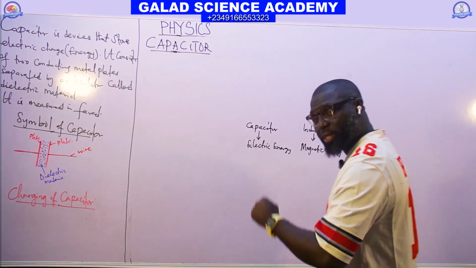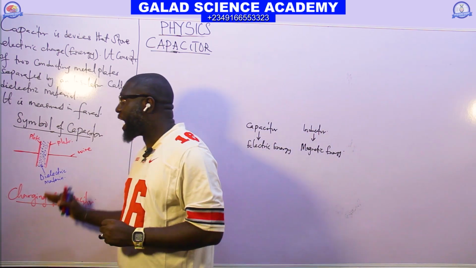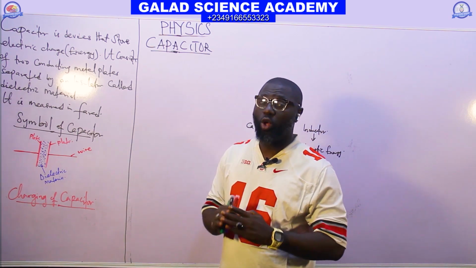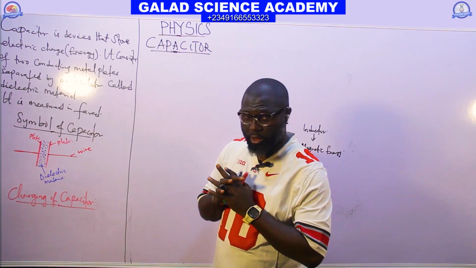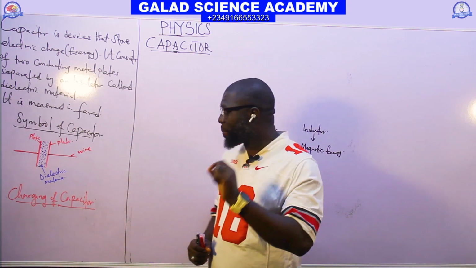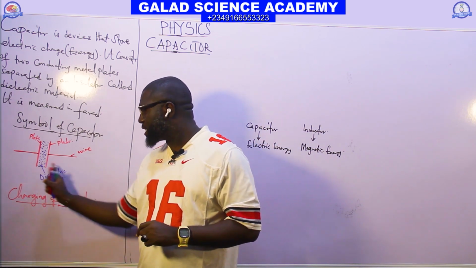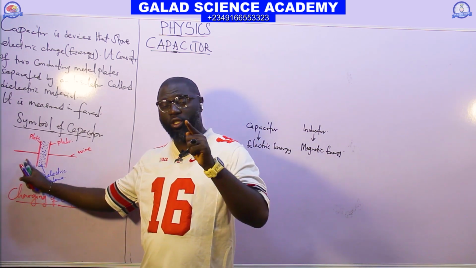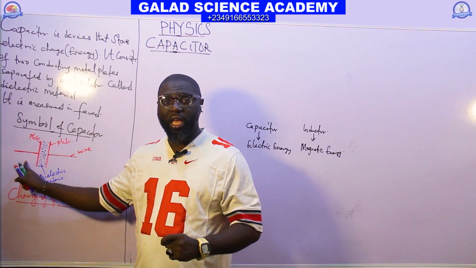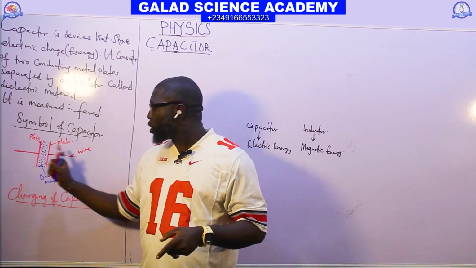When a capacitor is charged, it will store electric energy. But before a capacitor can be charged, we must connect this device to a power source, and the power source there is always a battery.